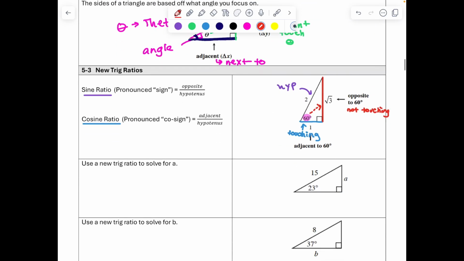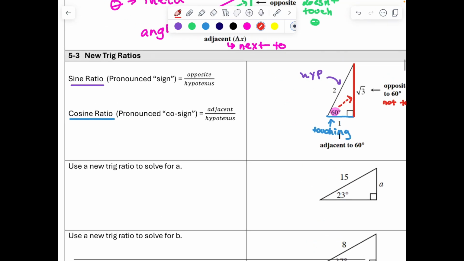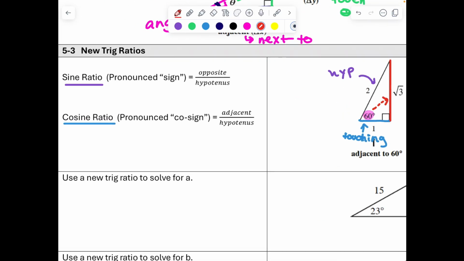So use a trig ratio to solve for A. Oh, you know what? We should do our sine and cosine ratios here. So sine, the opposite side was square root of 3, and the hypotenuse was 2.